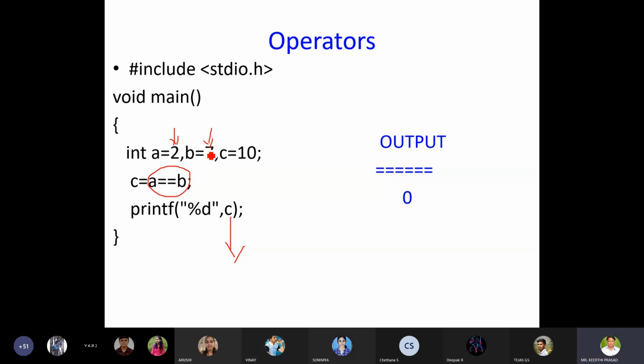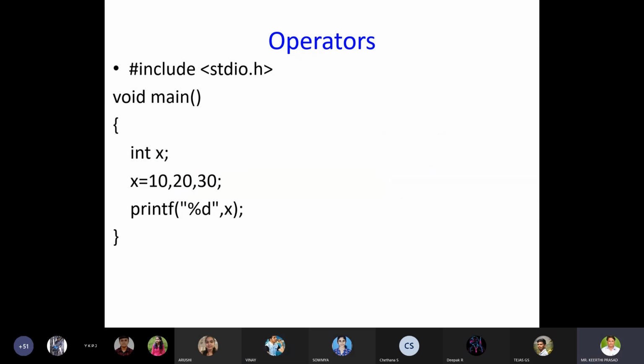Yes, sir. Okay. Now tell me, what is the result you are expecting from this? Here, comma operator. We have seen increment operator, comparison operator, now comma operator. 10. Okay. How? First value will be assigned.